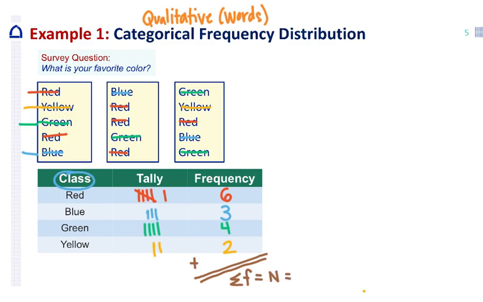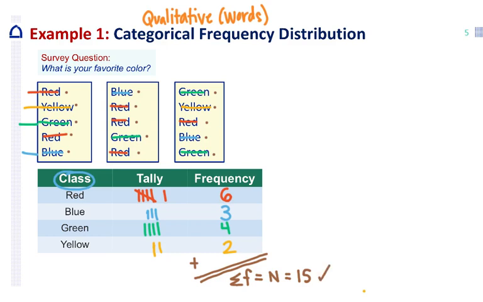So if we add 6 plus 3 plus 4 plus 2, we get 15. We just want to double check that there were 15 different answers collected. 5, 6, 7, 8, 9, 10, 11, 12, 13, 14, 15. Check, we didn't miss anybody, we got it right.